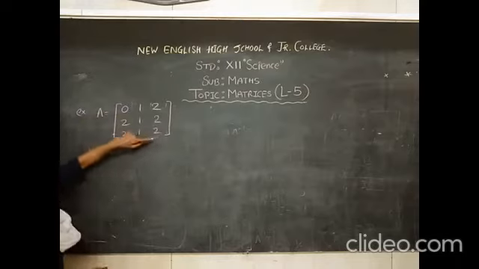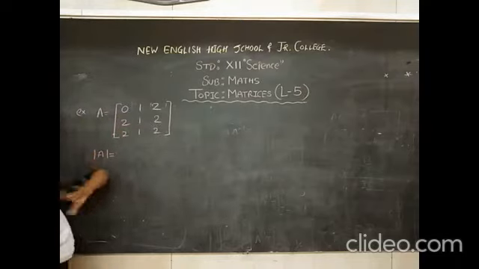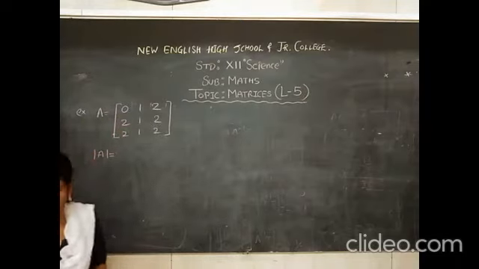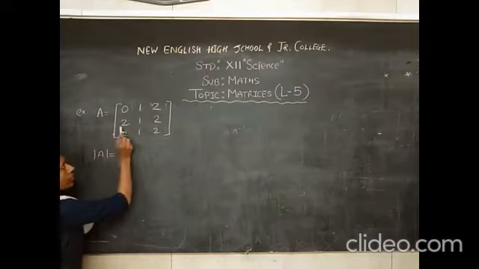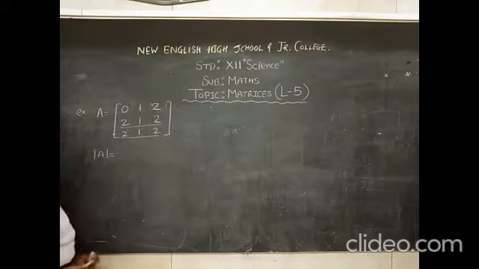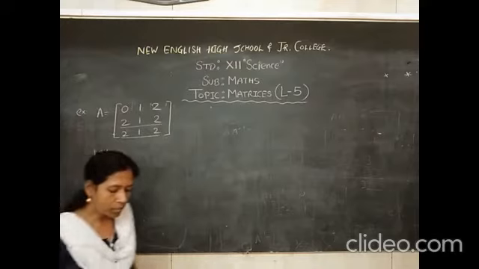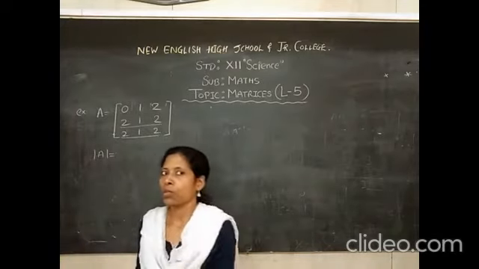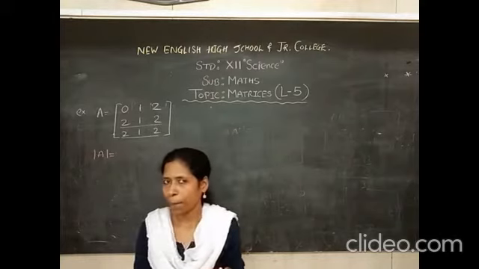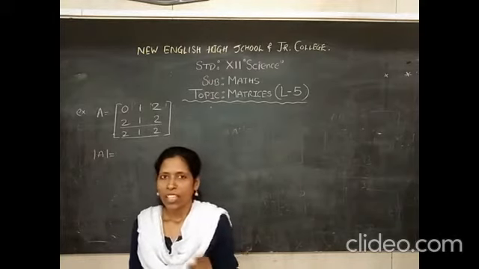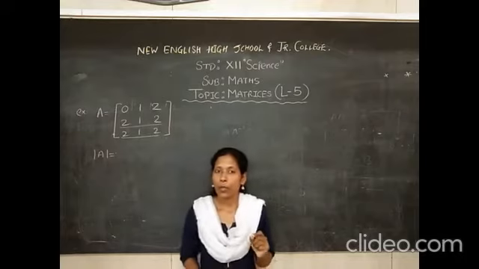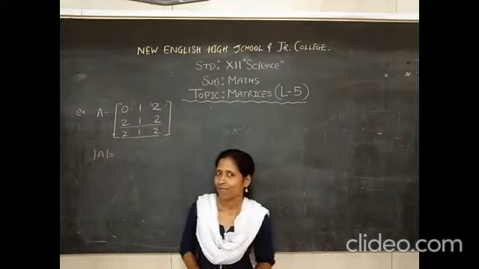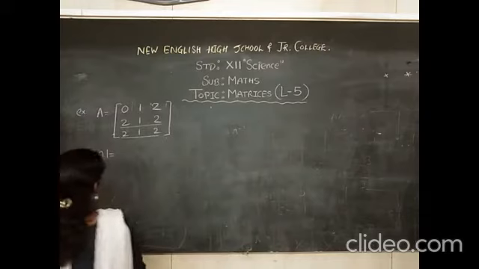You can see children, actually no need to solve. Purposely I have written this. Second row and third row are same. If you remember, in 11 determinant, you know, if any two rows or any two columns are identical, then its determinant is going to be 0. So simply in this case, no need to solve.